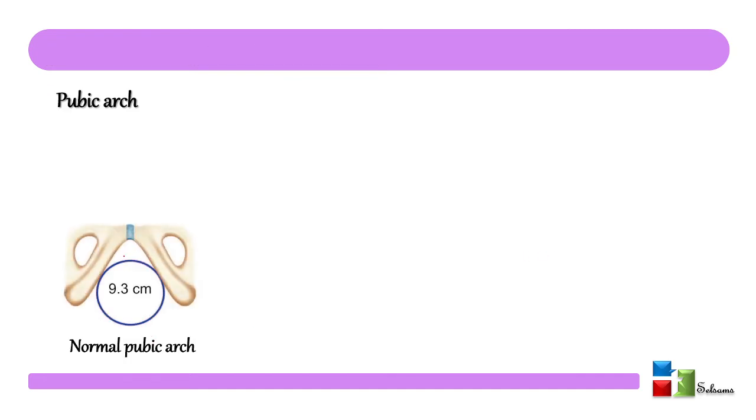So this is the pubic arch. Suppose, for example, imagine it is a fetal head and the biparietal diameter is 9.5, but they have kept a disc over here and said it is 9.3 centimeters, and there's some space in between. This space is called the Base of Morris. It should not be more than 1 centimeter. If it is more than that, it means the pelvis is narrow.